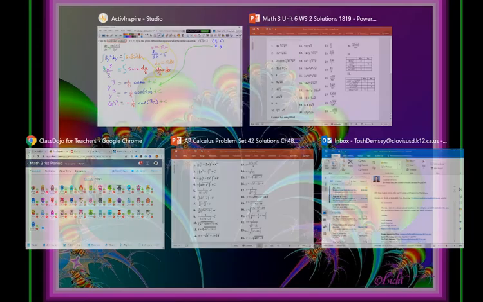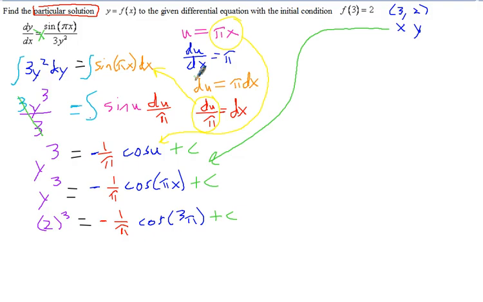So 2 cubed gives you 8. Sorry about that. Equals cosine of 3 pi is negative 1. That's the same place as pi.